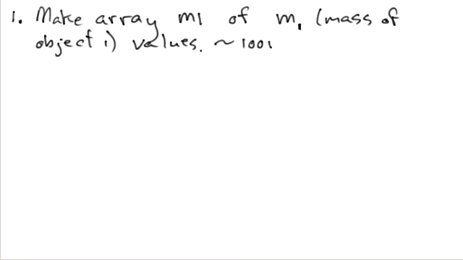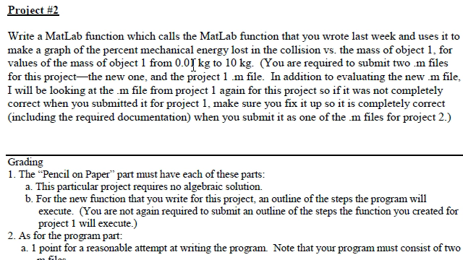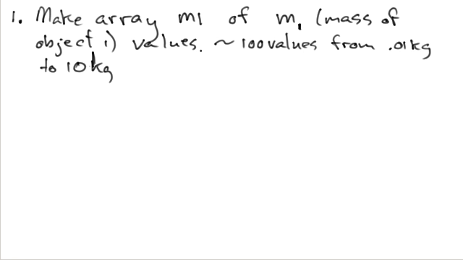I'll try 100 values and see how that works. If the graph doesn't look smooth enough, then I'll use more. From 0.01 kilograms to 10 kilograms. That should be a lowercase k there. Let's just check to make sure that's right. Yeah, 0.01 kilograms to 10 kilograms.